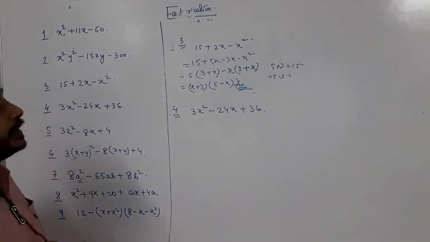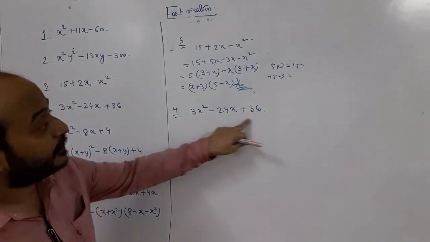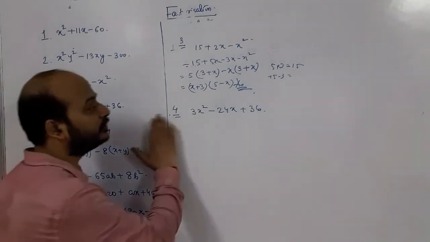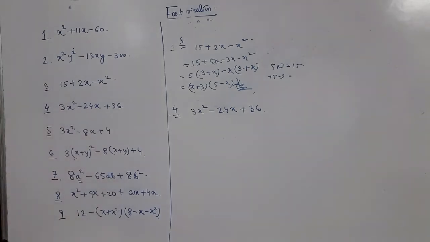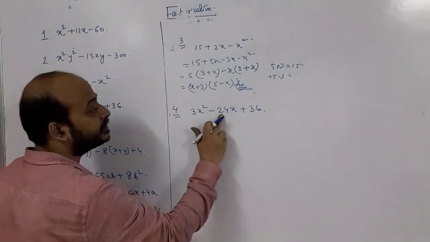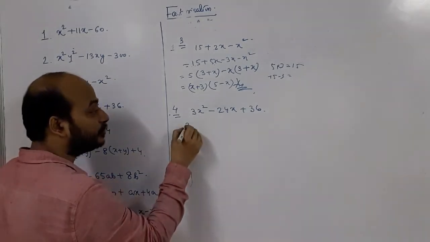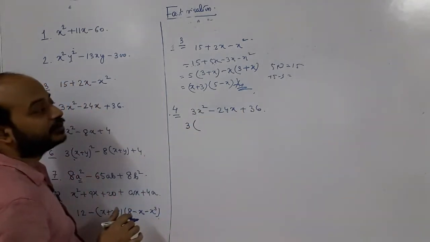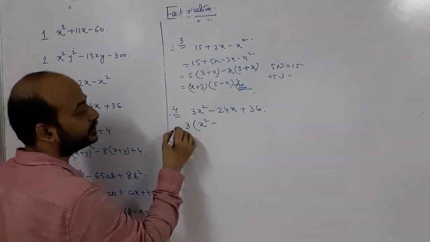In factorization, first of all you observe the full question, the full sum, and if you find anything common in the whole thing, first you take that common and then you do the sum. You can clearly see here in these 3 terms you can take 3 common. If you take 3 common, then the equation becomes smaller. After that you then break it.